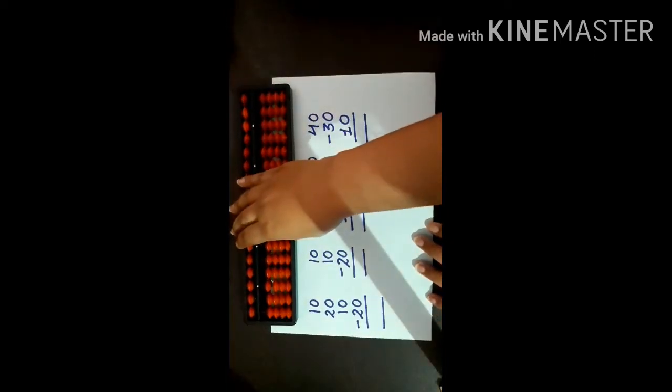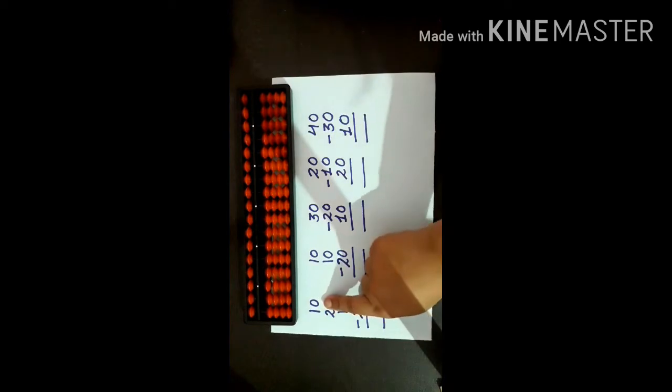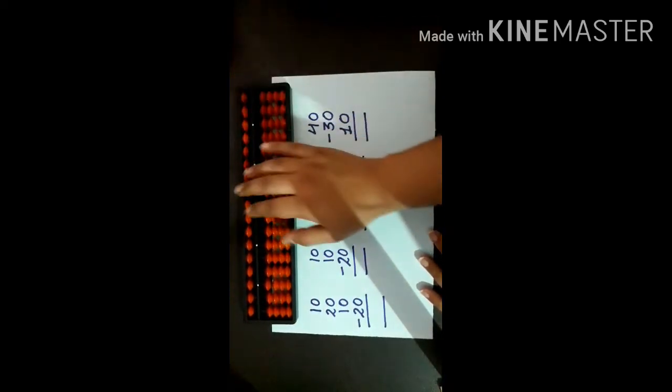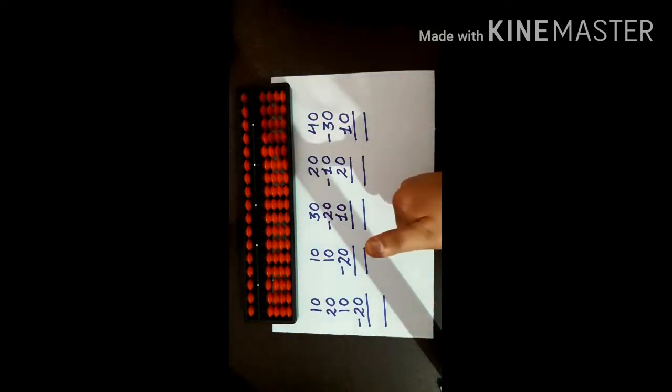So students, let's start our calculations now. The first number which we have to add is 10. First of all, set your abacus, upper beads up and the lower beads down. Very good. Done.